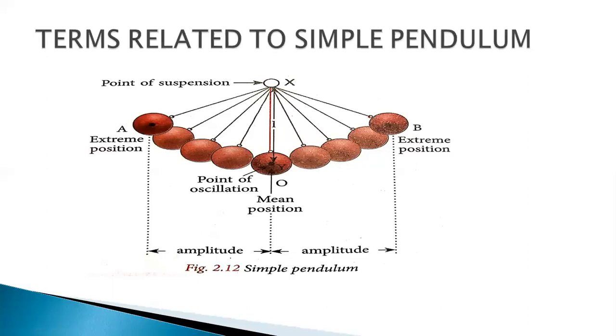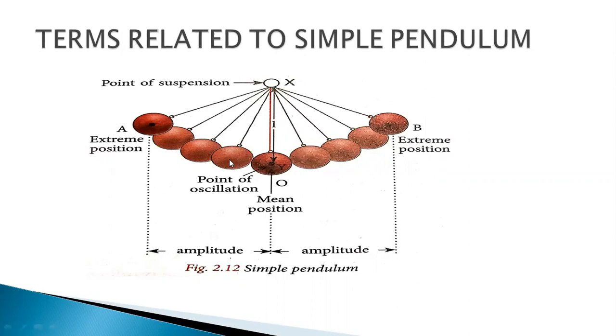Next one, oscillation. One complete to and fro movement of a pendulum about its mean position is known as one oscillation. When we say that one oscillation is completed, the pendulum is here.